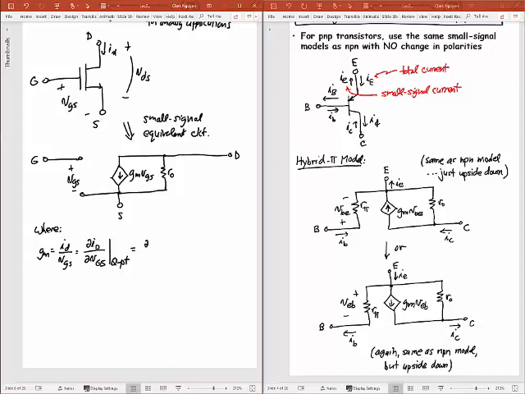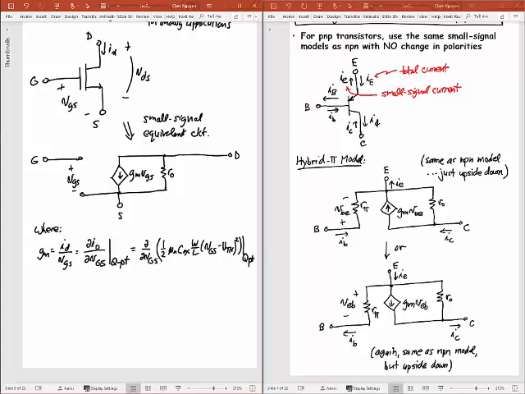So this is just going to end up being the derivative with respect to V_GS of 1/2 times mu_n times C_ox times W over L times (V_GS minus the threshold voltage V_TN) squared, all of that evaluated at the Q point.